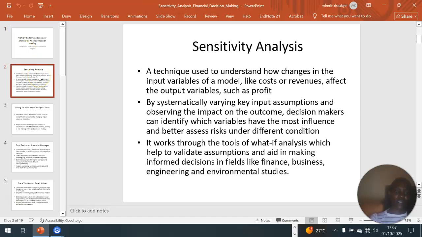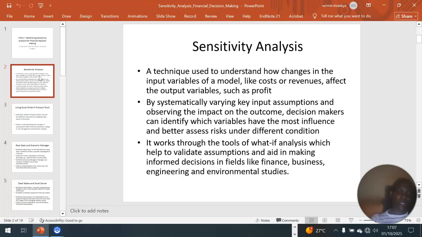We can say that sensitivity analysis is just a technique that we can use to understand how variations in the input variables of a model, for example costs or revenues, affect the output variables such as profit.